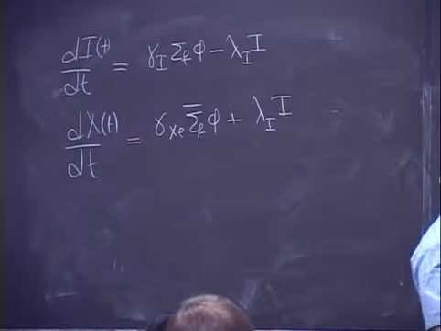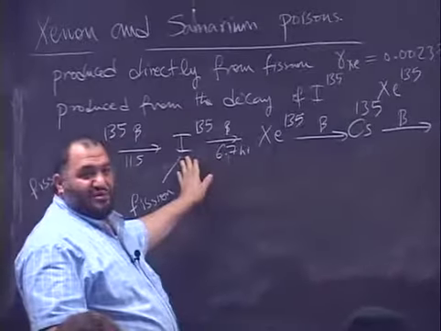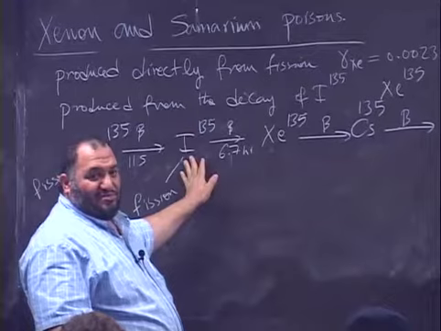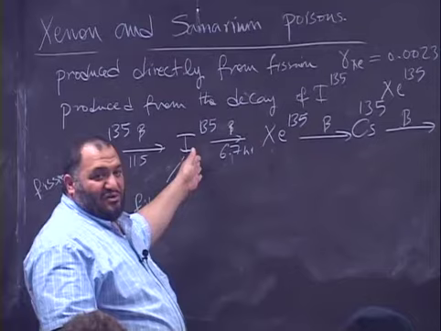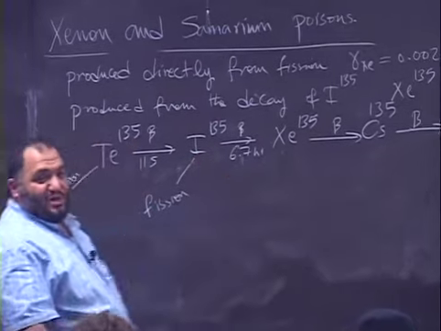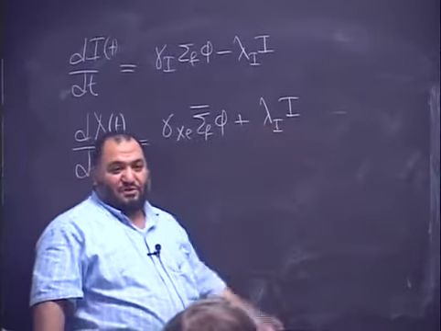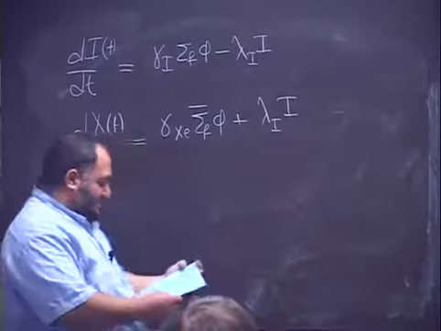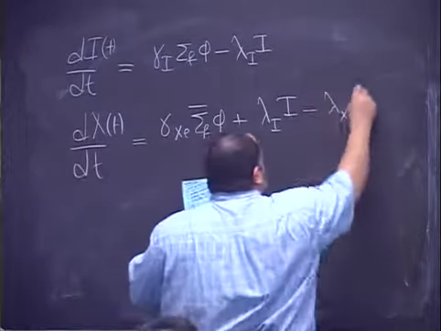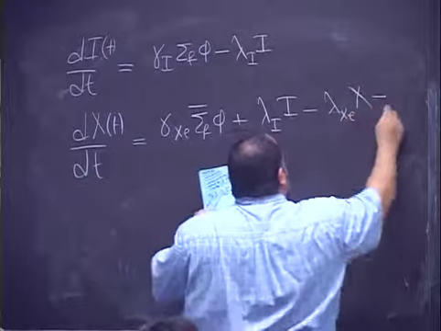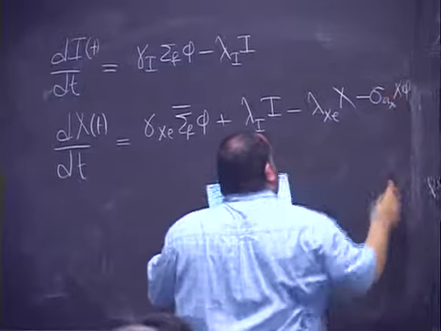Once it decays, you have one curie, which is 3.7 × 10^10 becquerel, or disintegrations per second. So this 3.7 × 10^10 disintegrations per second of iodine will be transformed to xenon. So you are producing xenon at the rate of 3.7 × 10^10 nuclei per second, minus the decay of xenon, minus sigma absorption for xenon multiplied by phi.